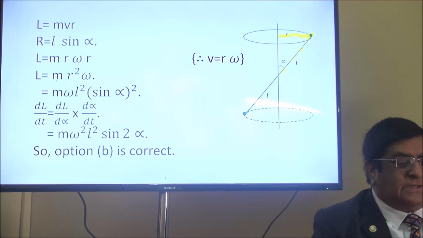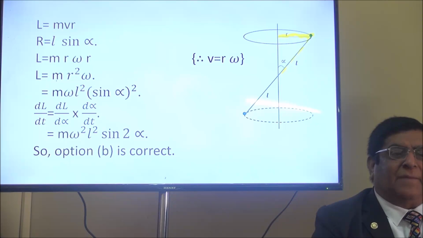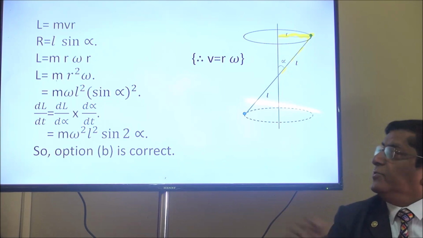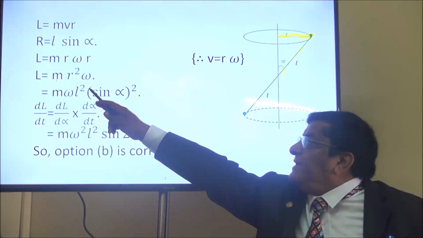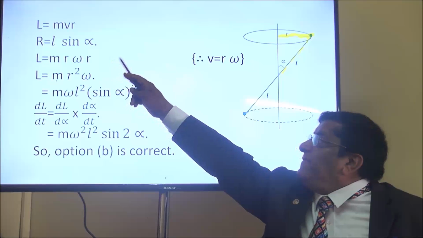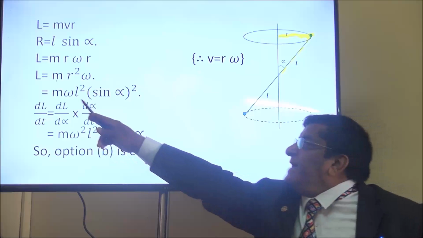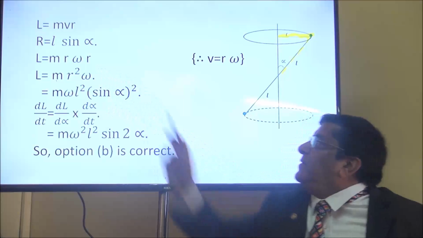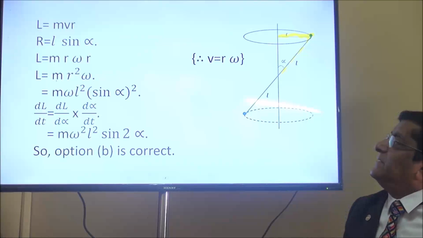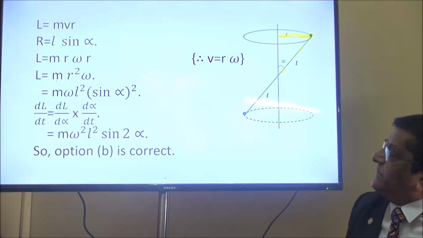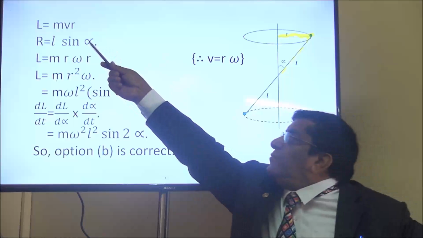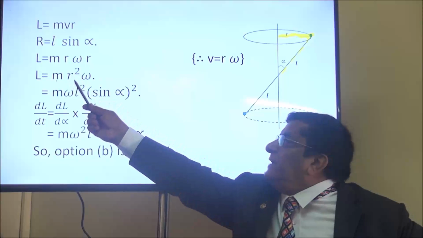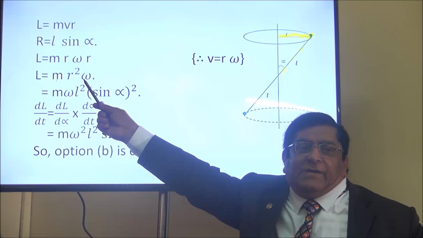Now, angular momentum capital L is equal to mvr. So we put M as M and V we can write as R omega. So this will be R omega multiplied by R. That will be R square omega.